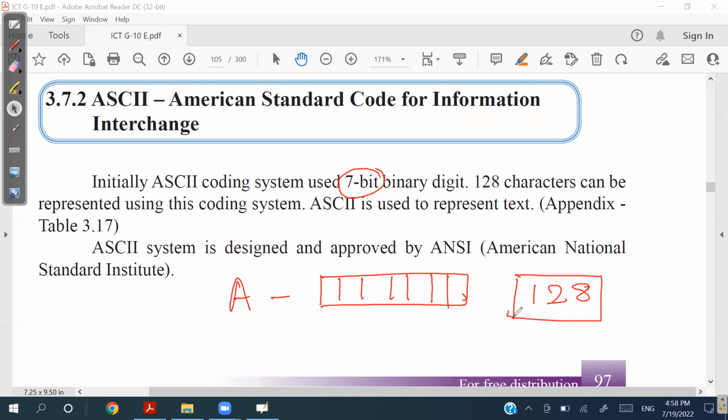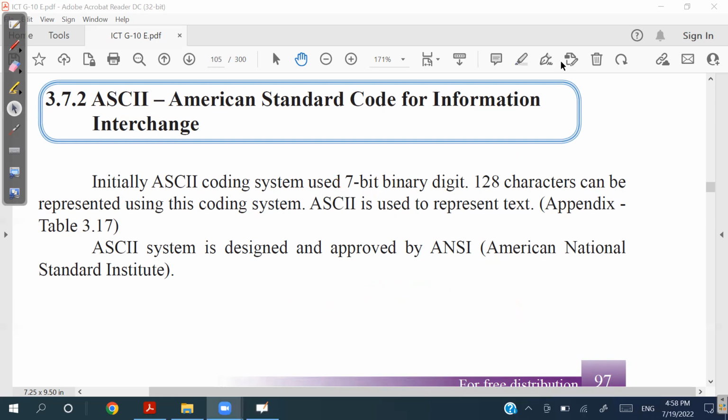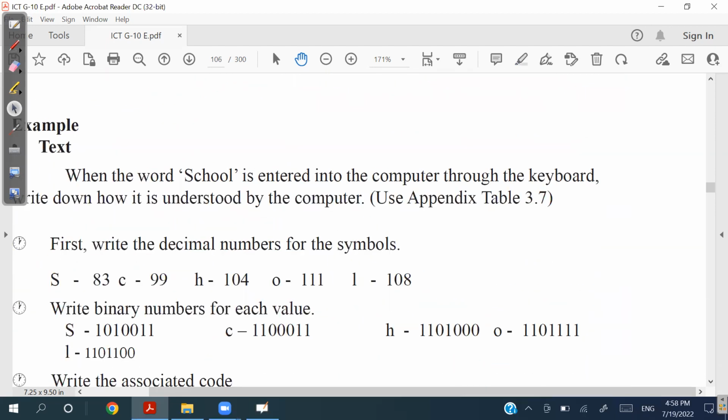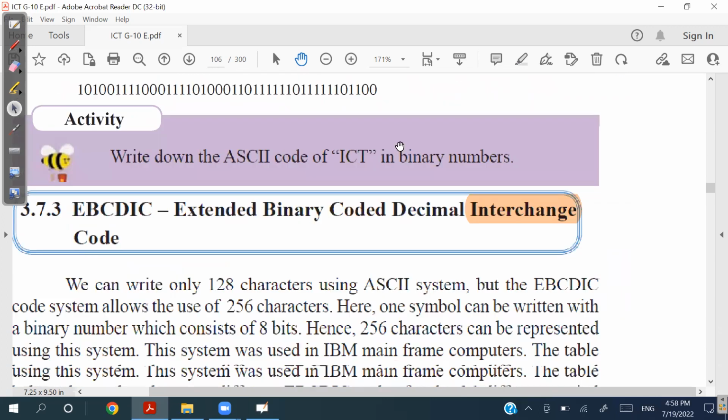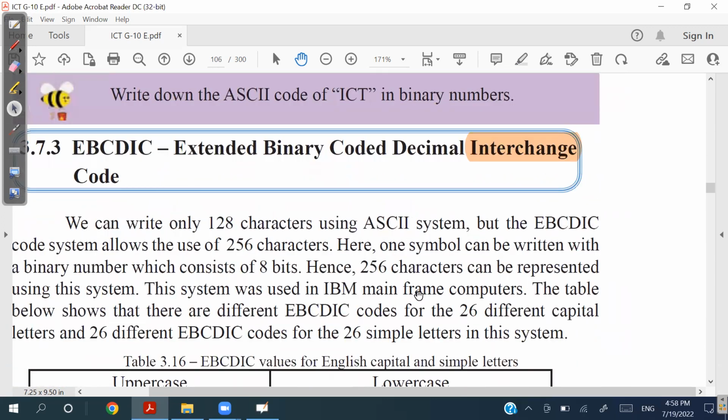Later, again, with the advancement of the computer, this device improved to represent different kinds of languages with different kinds of symbols. So again there was a problem with 128 characters, because when some languages are introduced, it goes beyond 128 characters.